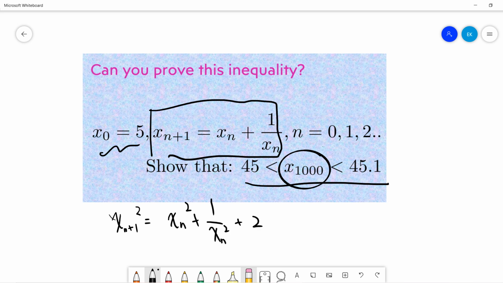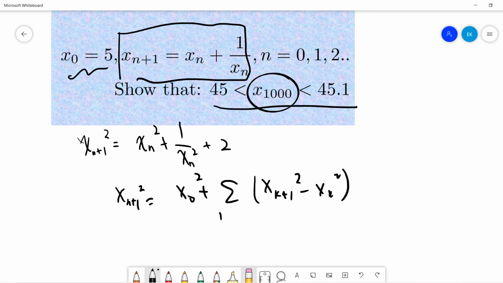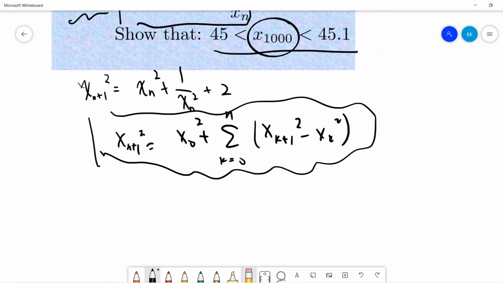Right, this is what I get. So the idea is that I want to connect xn to x0, right? So x_{n+1} squared can be written as x0 squared plus the sum of x_{k+1} squared minus xk squared, k from 0 to n, which is x0 squared plus the sum of 1 over xk squared plus 2.